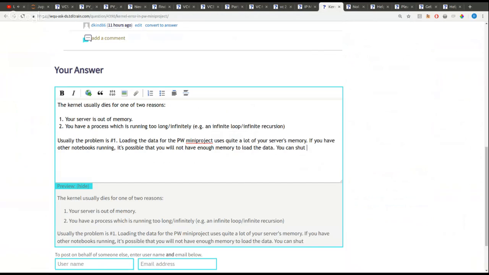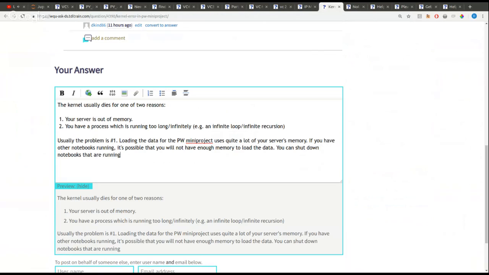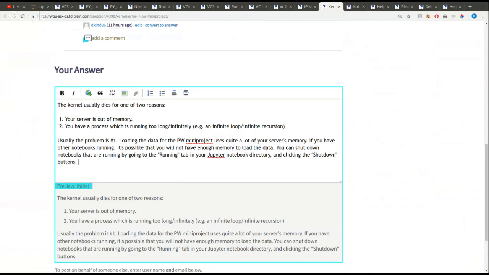You can shut down notebooks that are running by going to the Running tab in your Jupyter Notebook directory and clicking the shutdown buttons. This should free up enough memory that you can load the data.